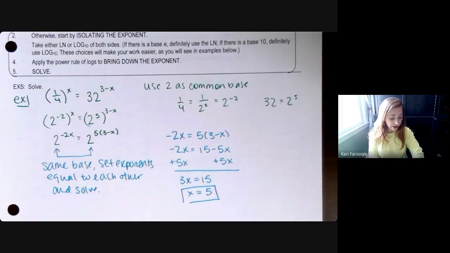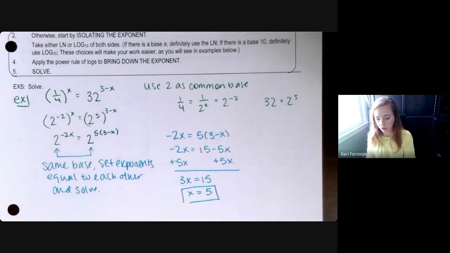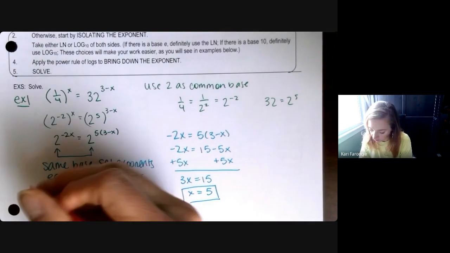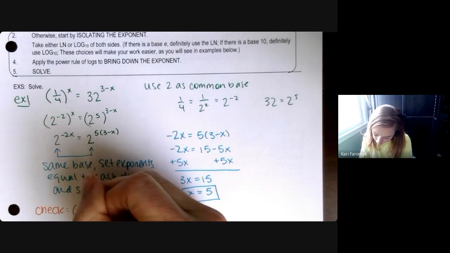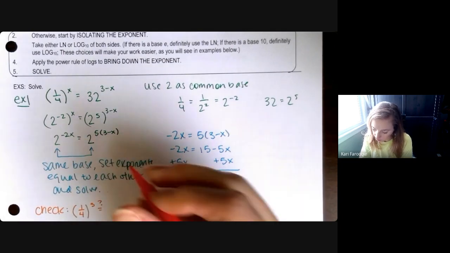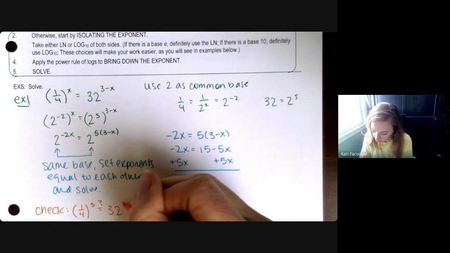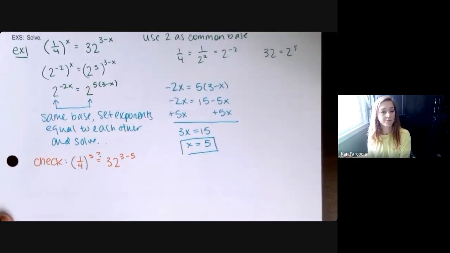Now, you can check this if you would like. I can go back to the original equation, plug in 5 for the variable, and I should get the same thing on both sides. I'm even going to show you the check because why not? So this will be (1/4) to the 5th power, and we're trying to determine if that is equal to 32 to the 3 minus 5 power.